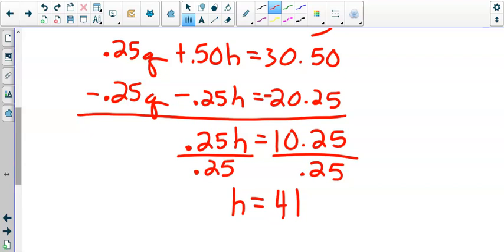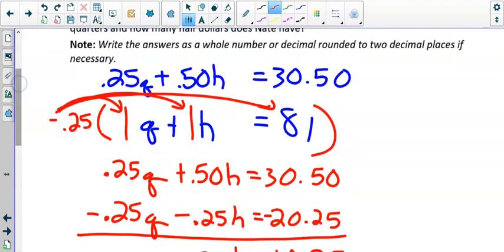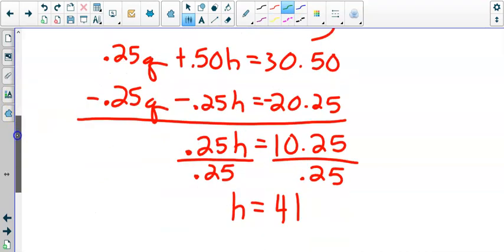Now what do we got to do? We got to plug it in because we've got to figure out the number of quarters. Which one of my blue equations is going to be the easiest one to plug into? The bottom. Because these are all nice numbers. Why go into something that has decimals? That's just silly. So, we're going to take that 41 and we're going to plug it into H. And we're going to figure out how many quarters we got.